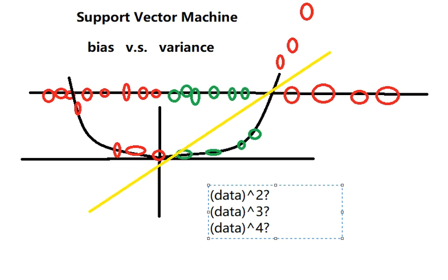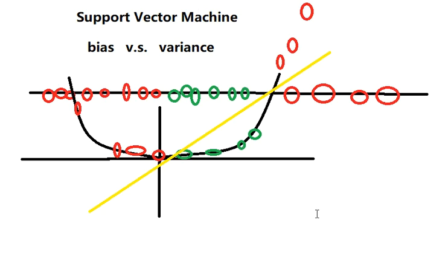The problem will go down to this question: where should we put our new data? Should we put our one-dimensional original data to square data, or cubic data, or to power four data?